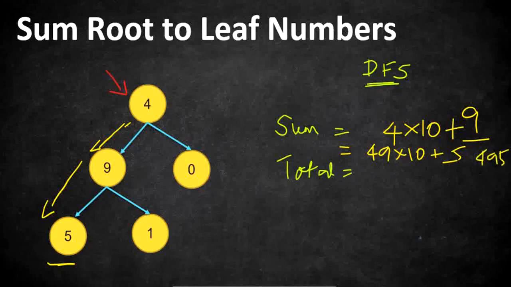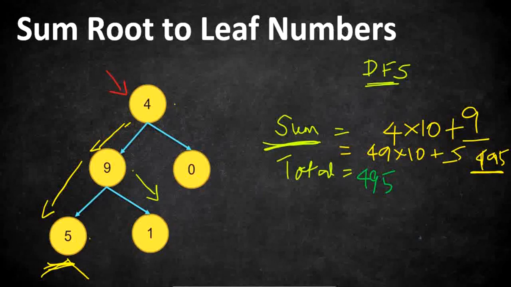Once we keep constructing the number, we reach the leaf node. There are no right or left nodes to this node, which means this is the leaf node. Once we reach the leaf node, we have constructed one number to add to our result. So in this case, we add that 495 to our existing total. The same way, we start adding 4 and then 9 and then 5 and then 1 as the second number and construct our sum.